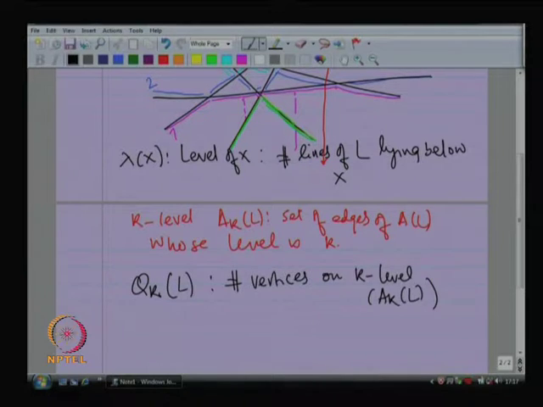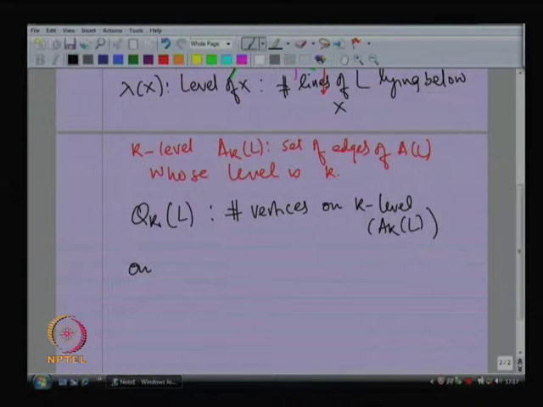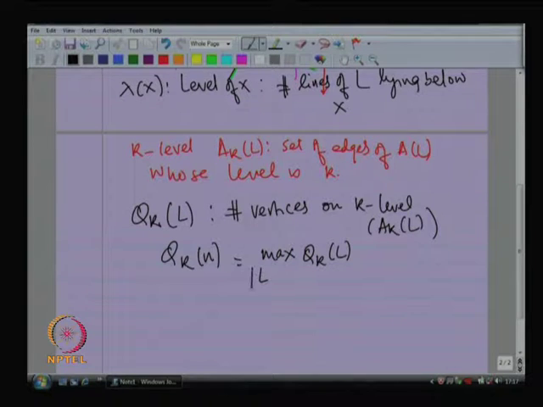This is the number of vertices on the label, and that defines the complexity of a label. As usual, define phi_k(n) as the maximum of phi_k(L) over all sets of n lines.